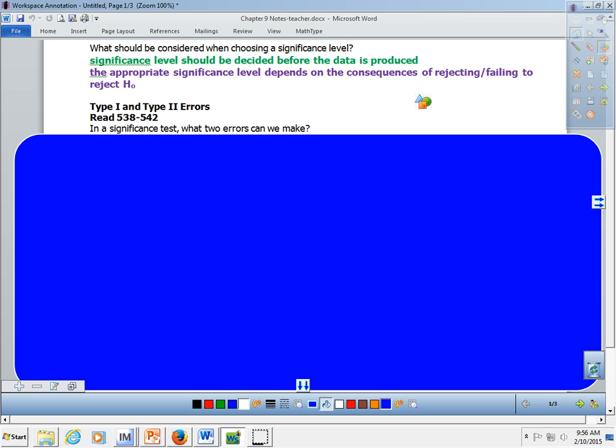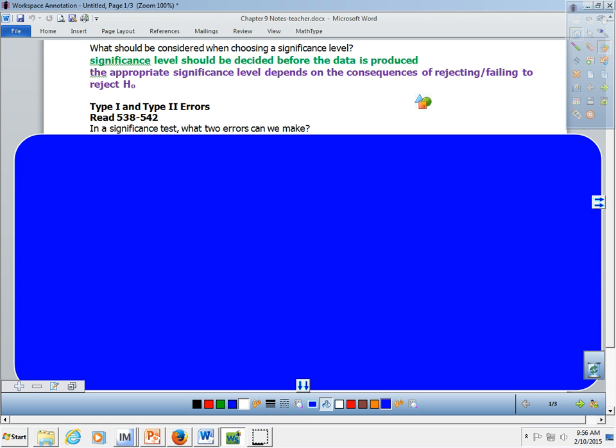we are talking about how, based on a p-value and an alpha, to reject our null hypothesis or fail to reject, and we'll keep talking about rejecting versus failing to reject. But the last question we had in the previous notes is what should be considered when choosing a significance level.